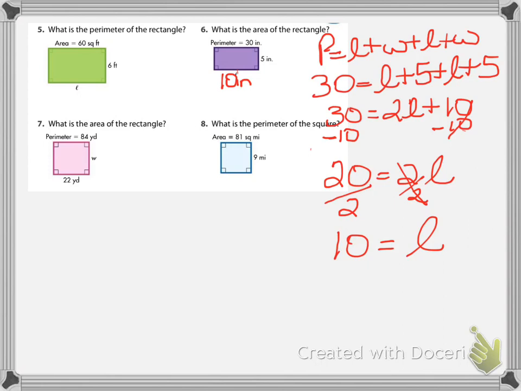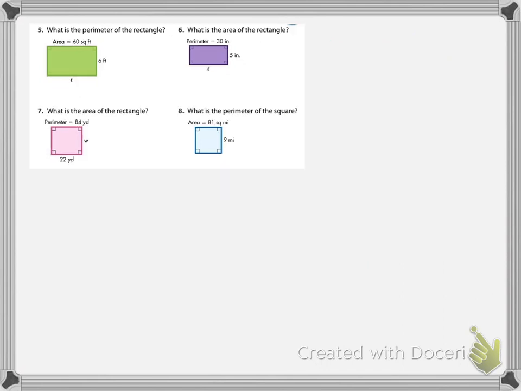Okay? I know I'm going through kind of quickly. Pause it. Go back and rewatch this if you're not understanding. If you're not sure. Okay, I want you to try problems 7 and 8. So you can just pause the video. You don't need to draw the shapes or anything. Just solve them. 7 is looking for perimeter.